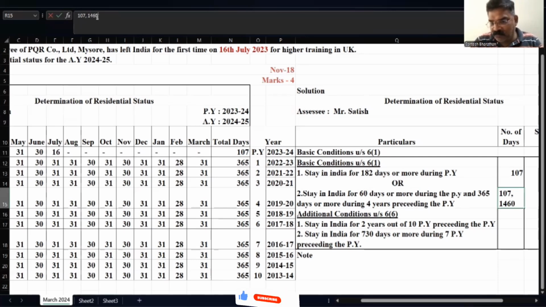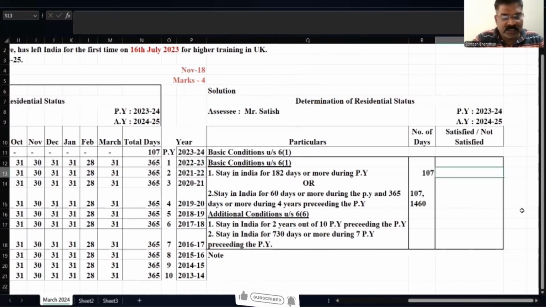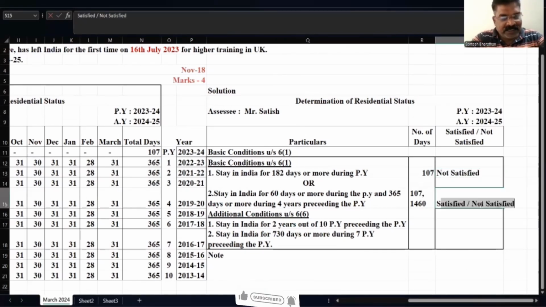That means he was present for 107 days, and in 4 years he was present for 1460 days. Therefore, he has satisfied. The first condition he has not satisfied. The second he has satisfied. I'll just mention here he has satisfied one of the basic conditions. Therefore, he is called a resident.